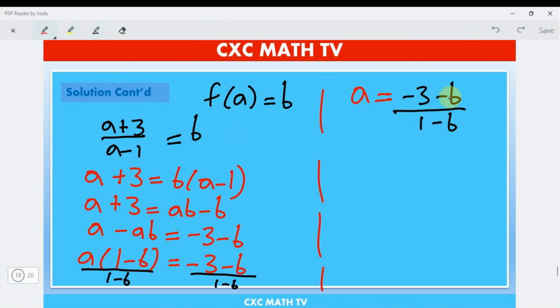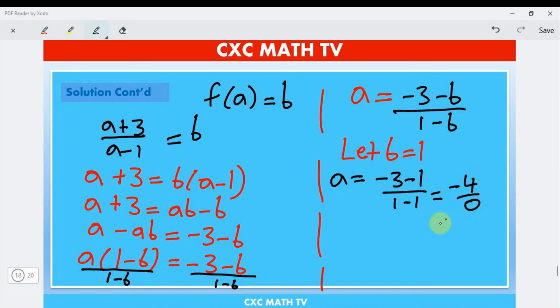Now look what this is telling us. Let b equal 1. If we put b as 1, we get a is minus 3 minus 1 over 1 minus 1, which is negative 4 over 0, which is undefined. So look at that, this is undefined.